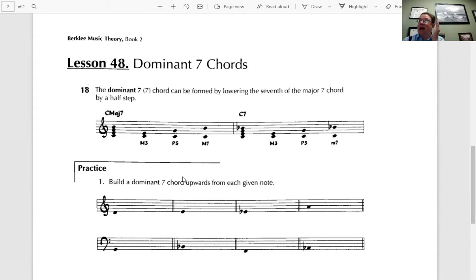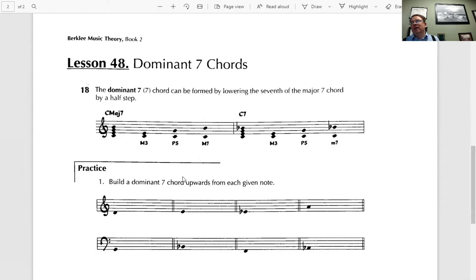It is not a final chord. If there's a song that ends on one, it drives me absolutely nuts, because it doesn't go anywhere. We have a very special name for that. It doesn't resolve. That's part of the functional harmony that we're going to talk about in the second part of this class.